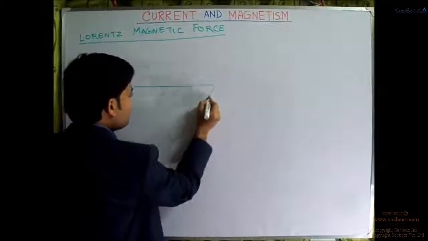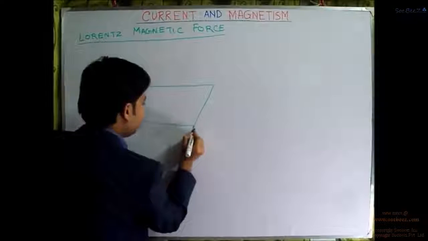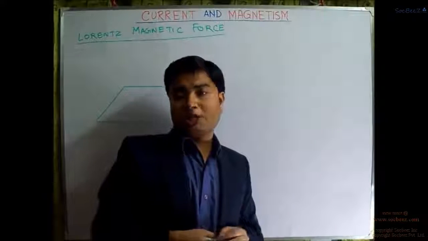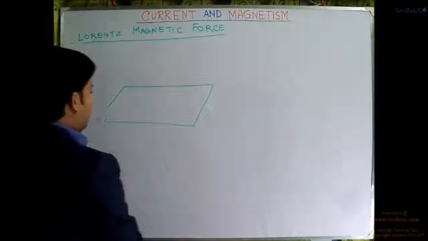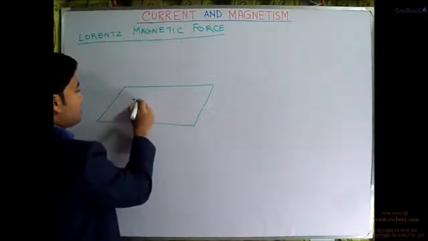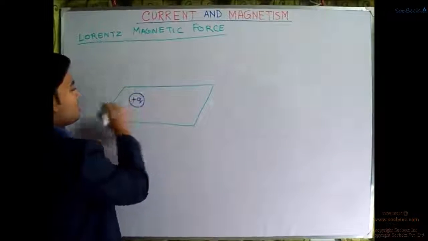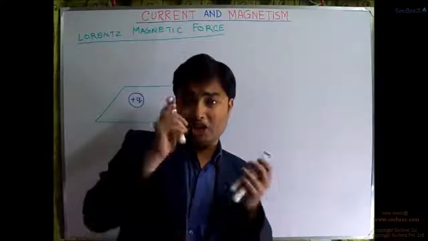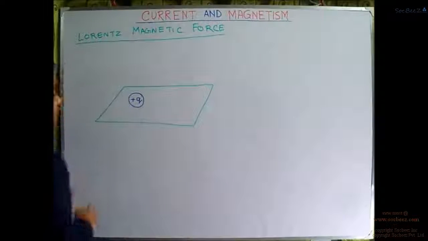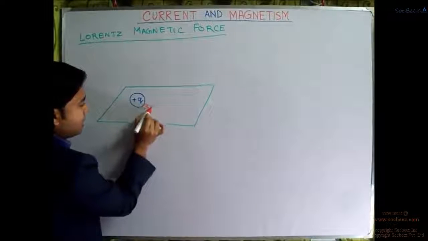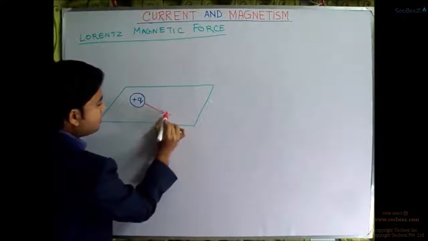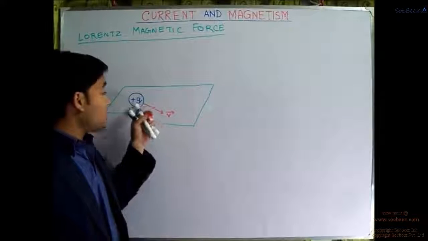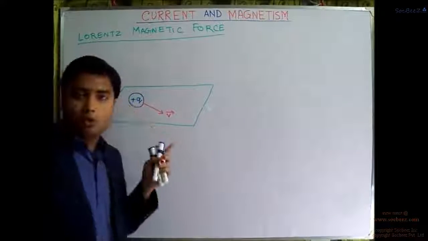Say for example, this is a plane, right? And in this plane, a charge is kept such that the charge is plus Q. And this charge is drifting with a velocity of say V. So V is the velocity with which this charge is moving.